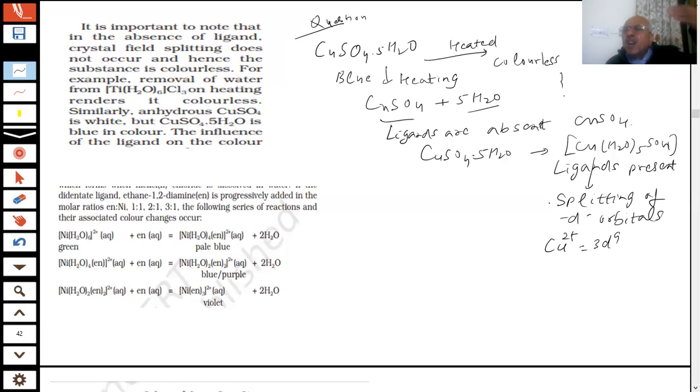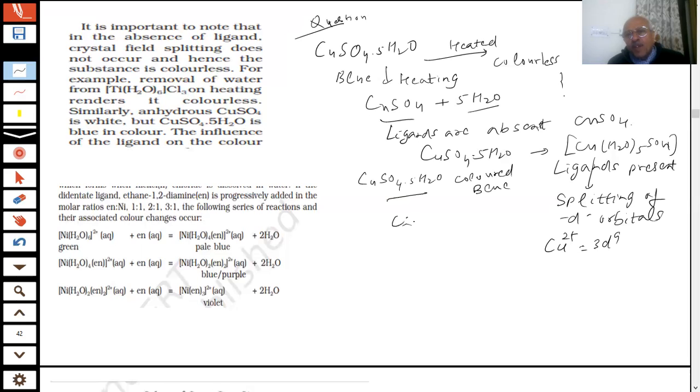If the splitting of d orbitals is not taking place, then there will be no color. On heating, it lost water molecules and then it became colorless. So this becomes clear to us now. CuSO4·5H2O is the one which is colored, blue in color.